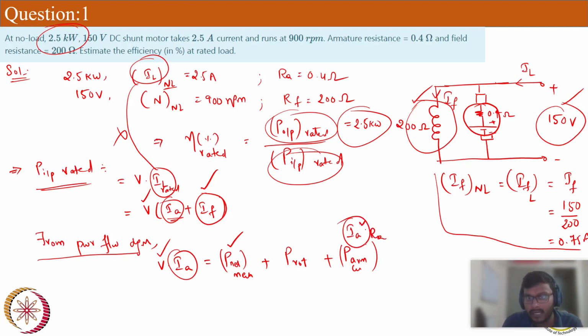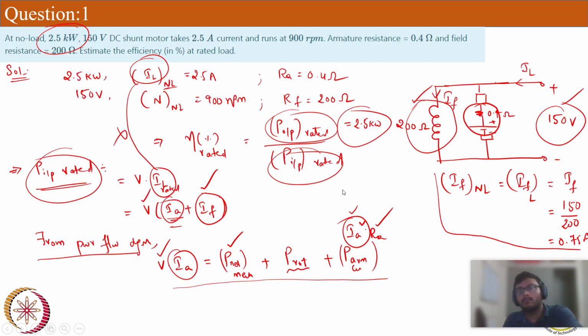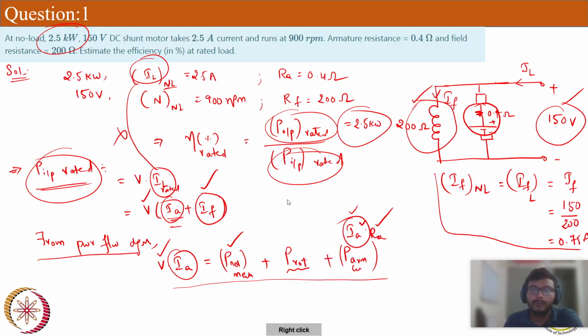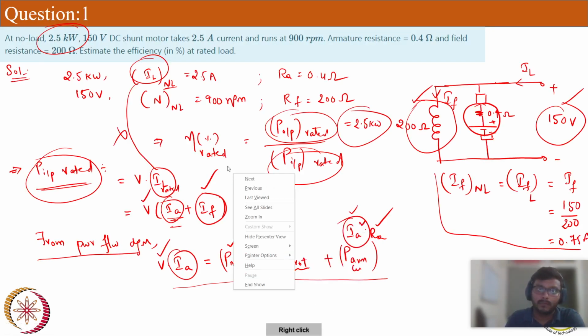We have to calculate IA and we know RA. If we can calculate the rotational losses, which we don't know yet, we can have a complete quadratic equation in IA. Then we will solve for IA, substitute it here, calculate P input rated, and then get the value of efficiency.